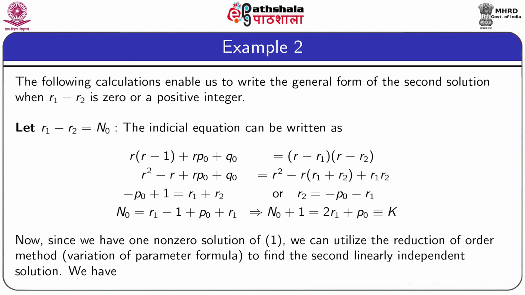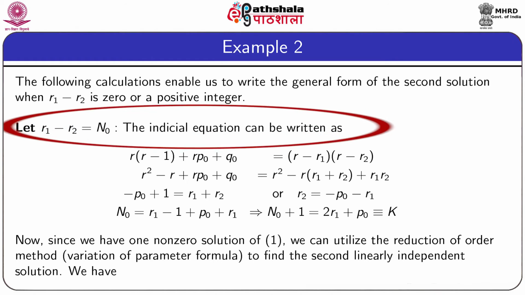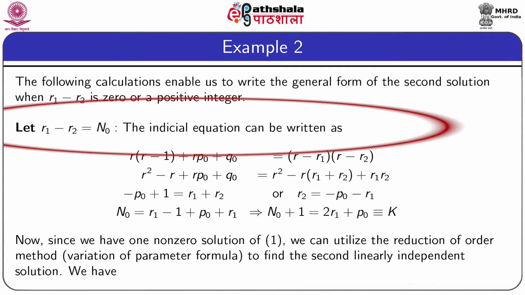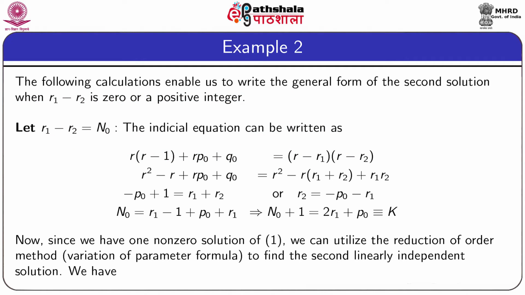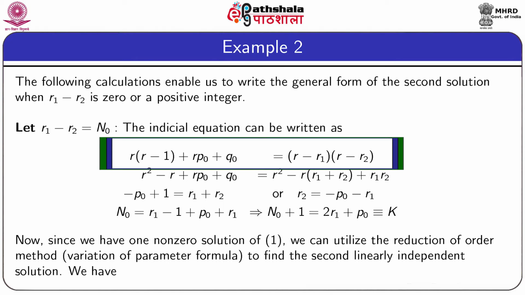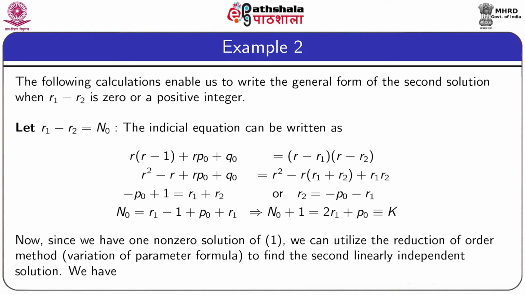The following calculations enable us to write the general form of the second solution when r1 minus r2 is 0 or a positive integer. Let r1 minus r2 equal n0. The indicial equation can be written as r into (r minus 1) plus r p0 plus q0, which is equal to (r minus r1) into (r minus r2), or r square minus r plus r p0 plus q0, which is equal to r square minus r into (r1 plus r2) plus r1 r2.